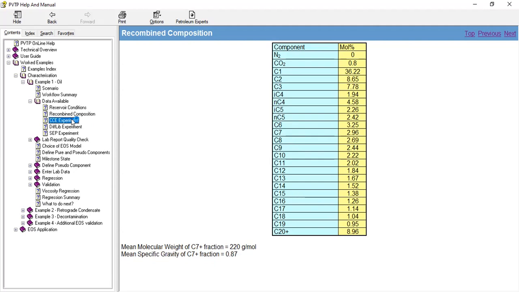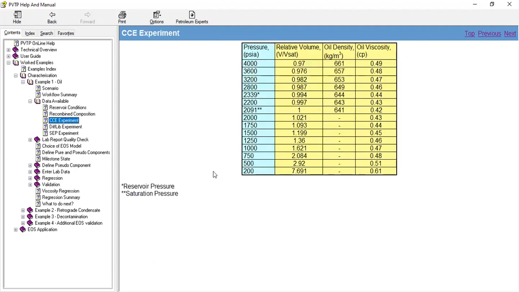Now let's check the CCE experiment. In this case, we have pressure against relative volume, and then we also have oil density and oil viscosity. This is the reservoir pressure and the saturation pressure is 2091.